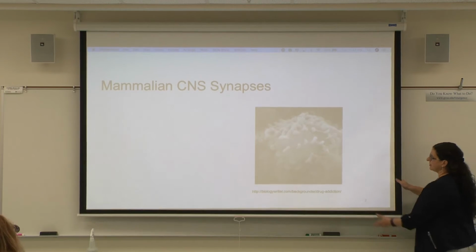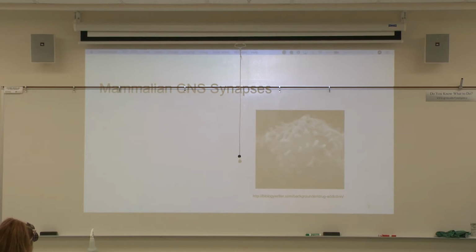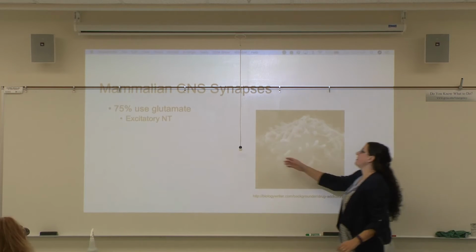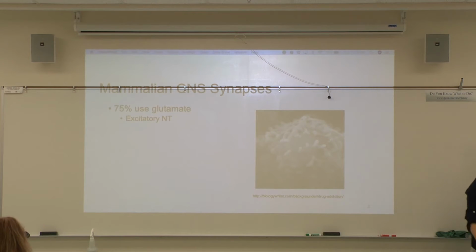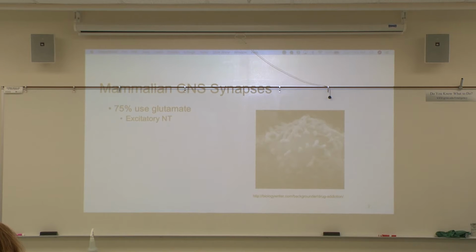We're going to talk about neurons as either being an excitatory neuron or an inhibitory neuron. 75% of the synapses in our central nervous system use the excitatory amino acid neurotransmitter glutamate. These are the excitatory synapses. 75% of CNS synapses are excitatory.